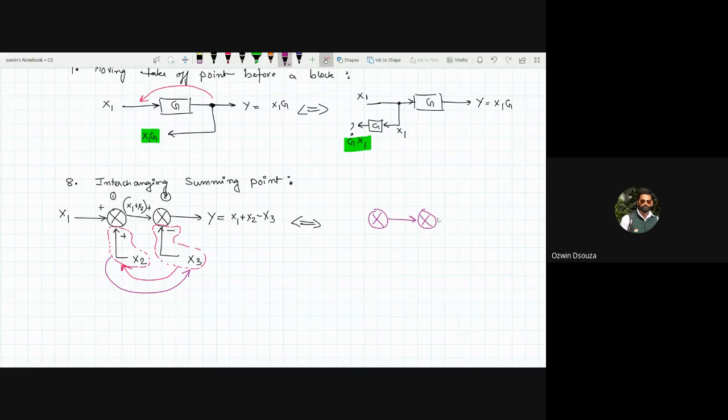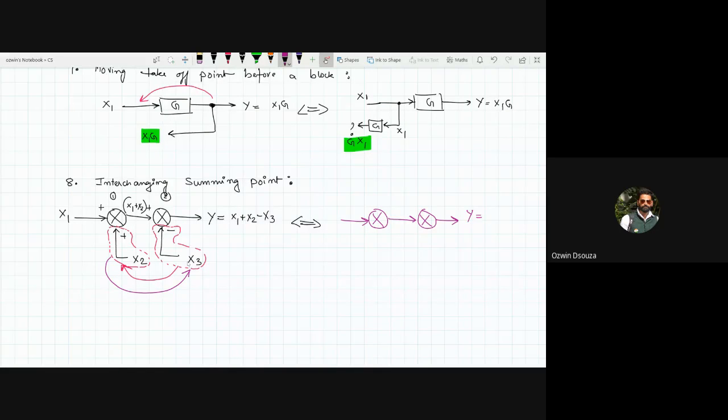Whatever you do, you make sure that the signal value is not altered. In as it is condition, the output is x1 plus x2 minus x3. By interchanging the summing points, you are supposed to get the same output. Are we getting it or not? Let us investigate.